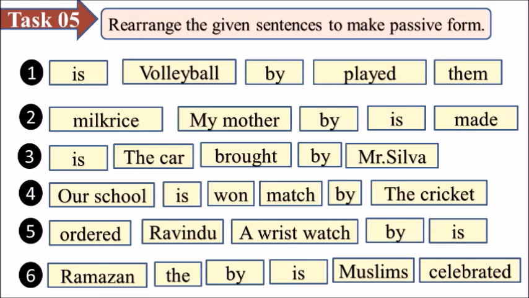Number 4: our school is won match by the cricket. Number 5: ordered Ravindu a wristwatch by is. Number 6: Ramasan the by is Muslims celebrated.